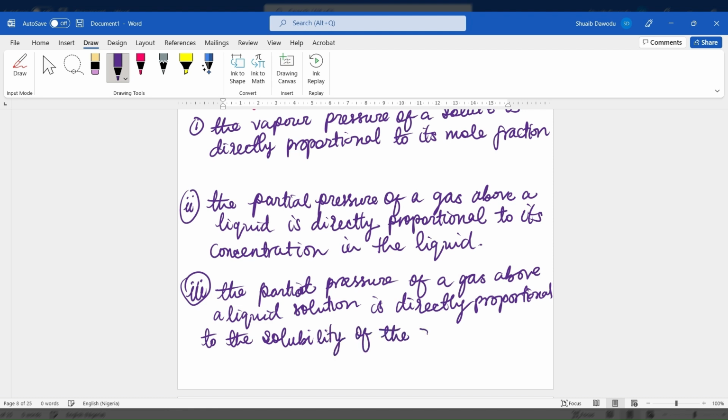Directly proportional to the solubility of the gas.